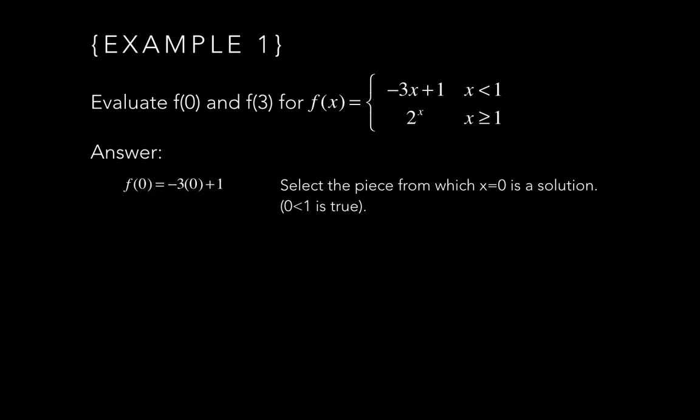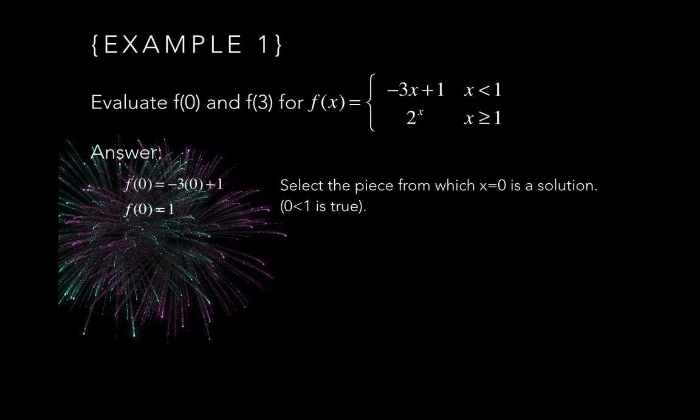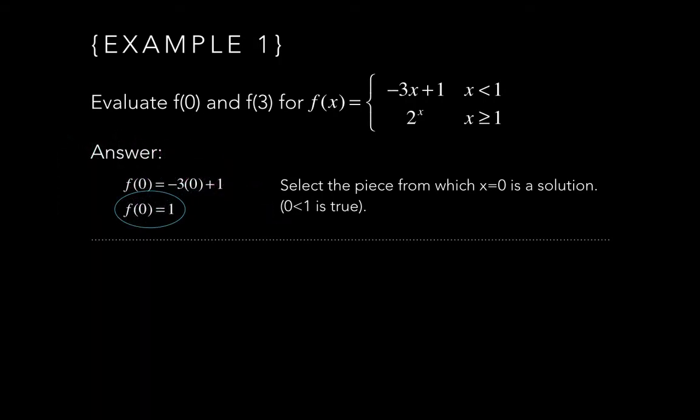Therefore, we only will evaluate for that piece. So we plug in and simplify, and that is going to give us our function at 0 equaling 1. And that's it.